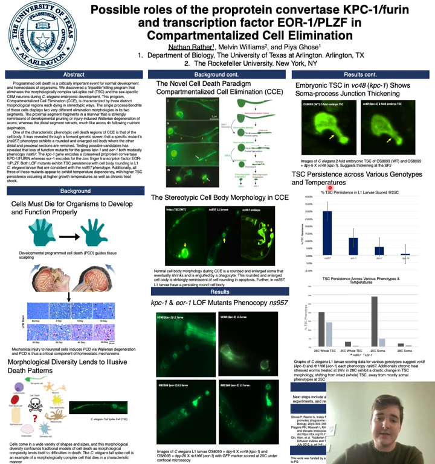The NS957 mutant, KPC1, and EOR1 all exhibit higher phenotypes at 25 C as opposed to 20 C. You can see that we also tested some other temperatures as well, including 28 C. All of this shows that tail spike cell persistence generally increases with increasing temperatures throughout the genotypes studied here.